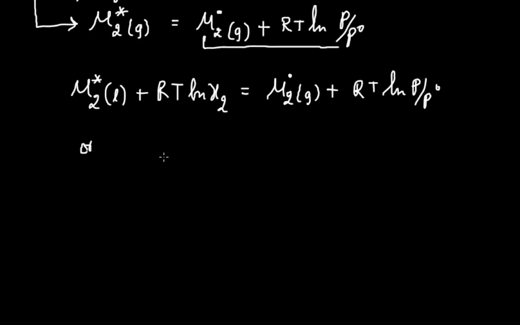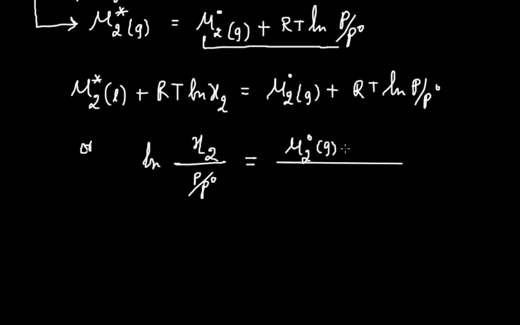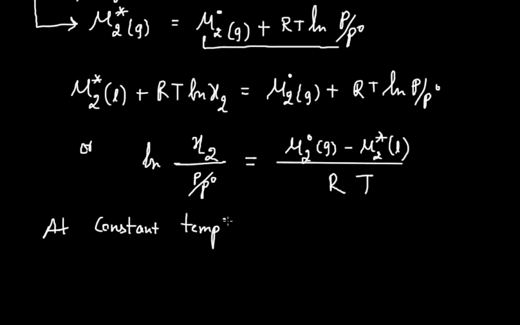Now if I do a little maths work here, what I get is x2 divided by p by p naught is equal to an exponential term. At constant temperature, R is a constant and T is a constant.